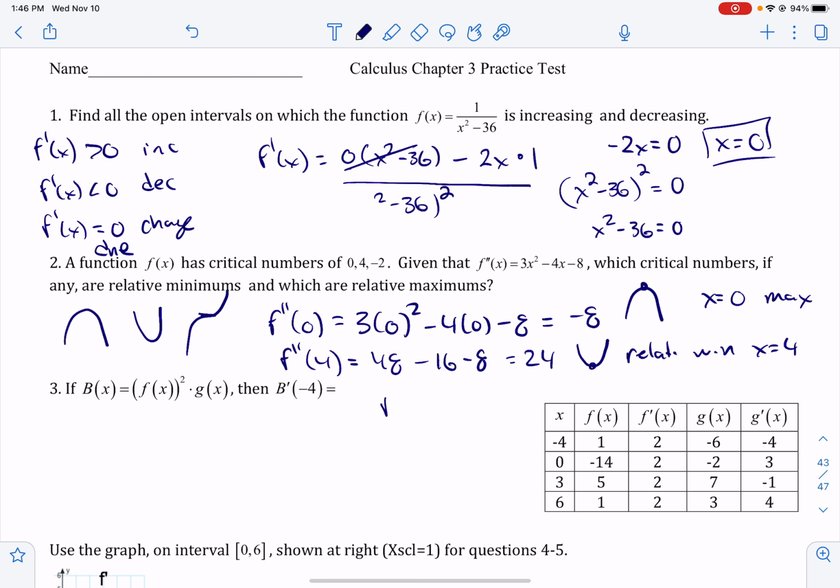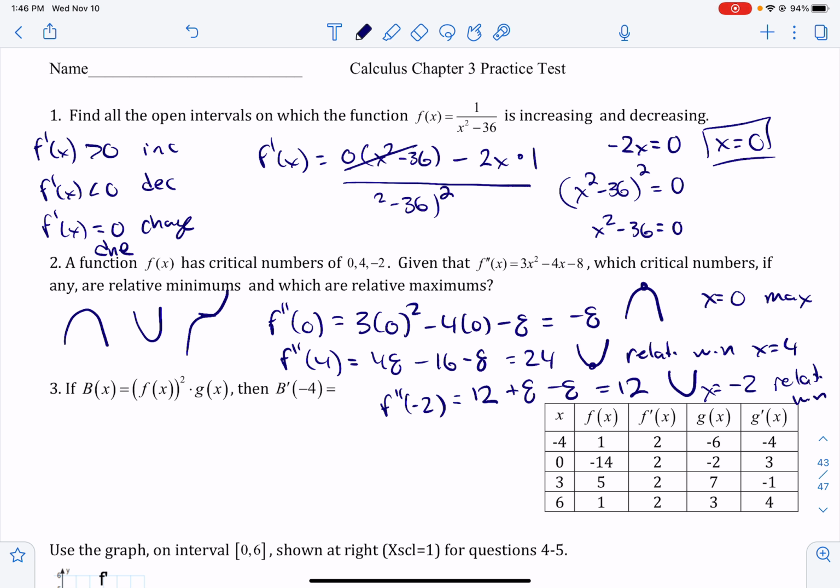And if I plug in a negative 2, I'm assuming I might get a 0 here. Let's see. Negative 2 squared is 4 times 3 is 12. Negative 4 times negative 2, that's 8 minus 8. So this becomes 12, which is positive, which again means I'm concave up. So that means that negative 2 has a relative minimum.